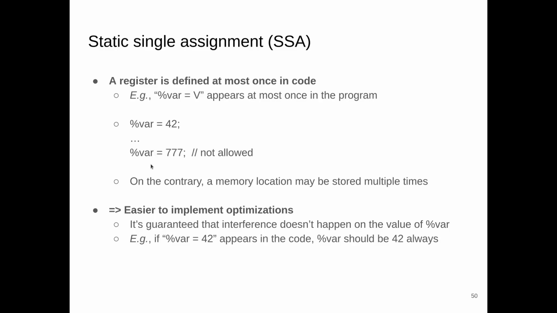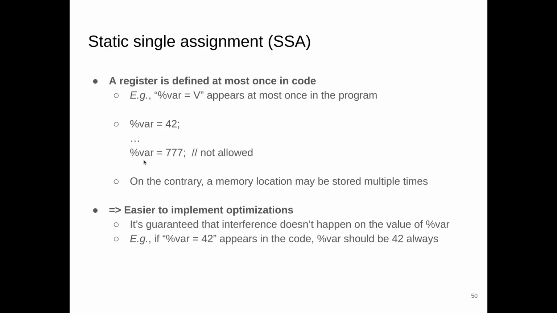So this is categorically rejected by the type checker, which says that this register is defined twice, and as a result, it doesn't satisfy SSA, so we are rejecting this program as a valid input. More generally, $var equals something should appear at most once inside the entire function body.